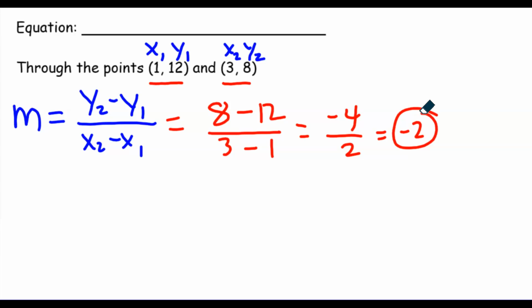Now, this problem just says write an equation. So if I want to write an equation, I can write it in any form that I want to. Since I know the slope is -2, and I have 2 points to pick, I could use the point slope form.